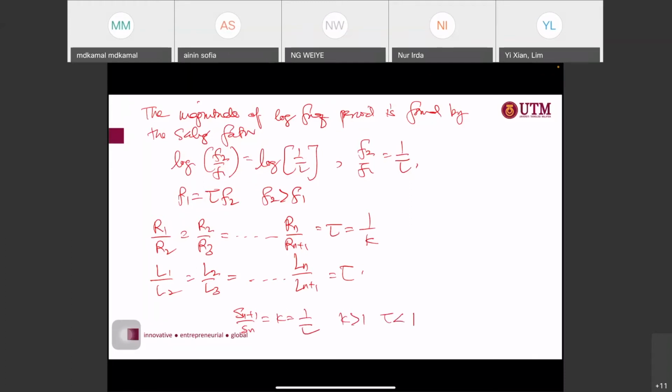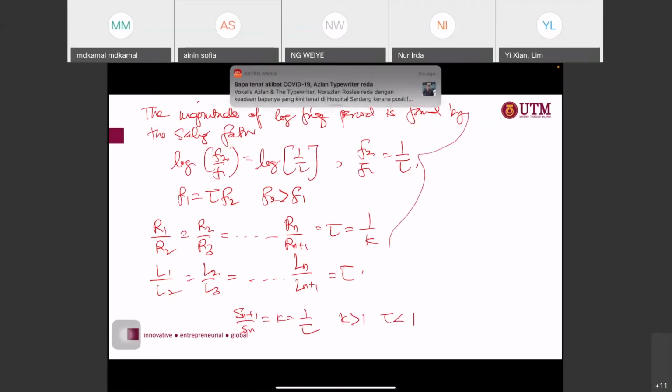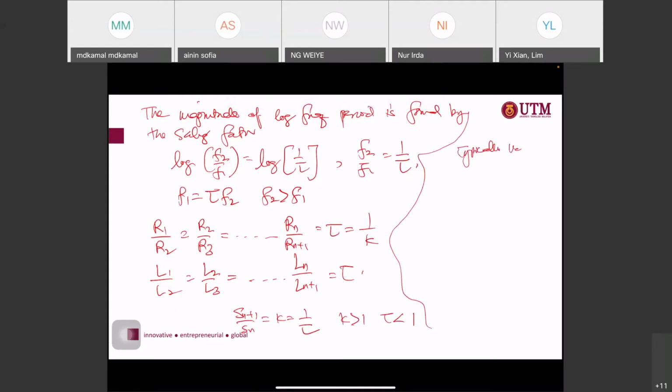Okay, so tau is a scaling factor, and a typical value of alpha is 30, and tau is 0.7. So this is a typical value. And then the gain lies between 7.5 dB to 12 dB.